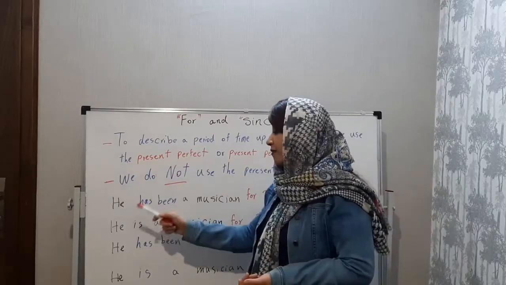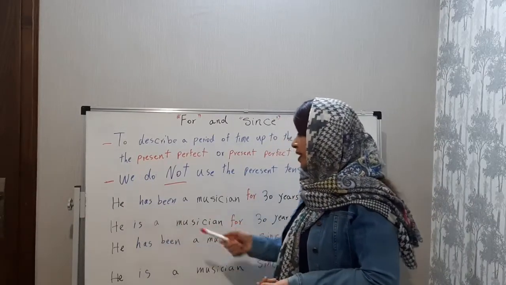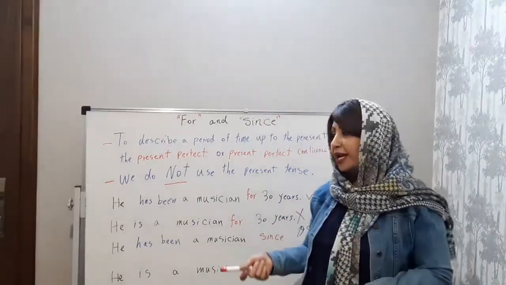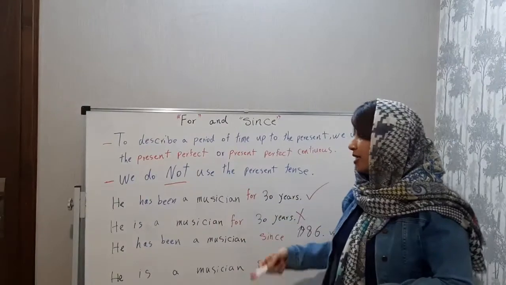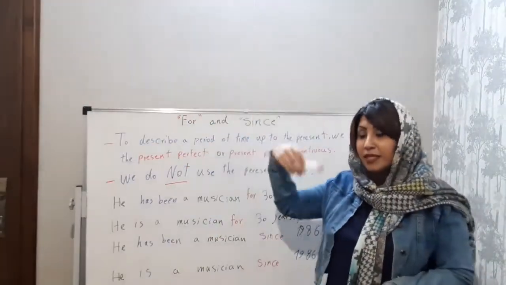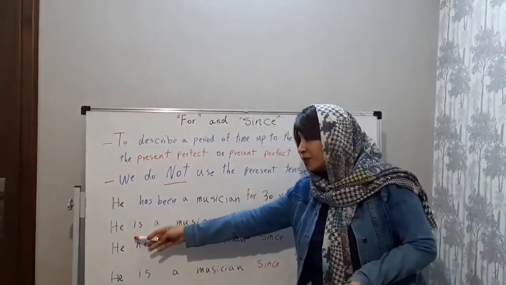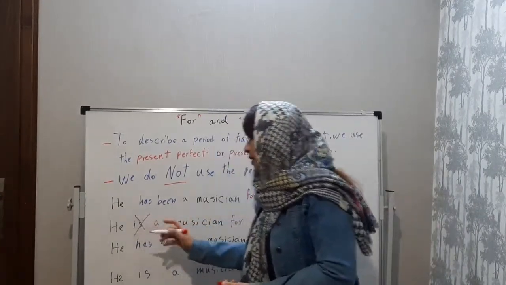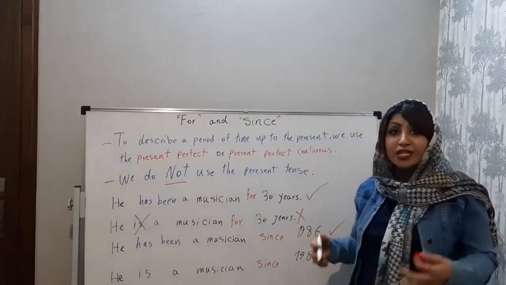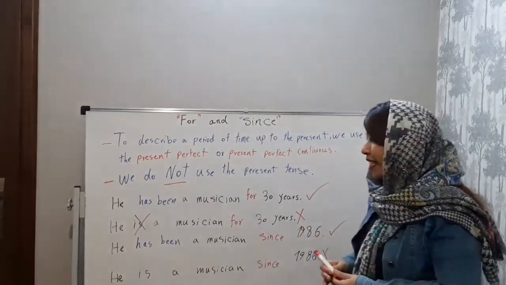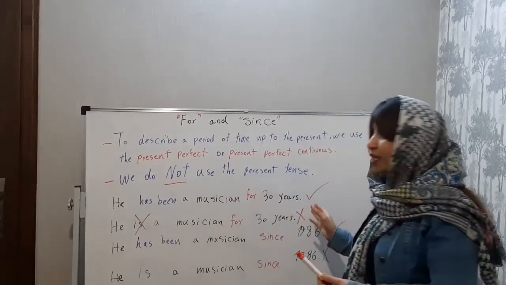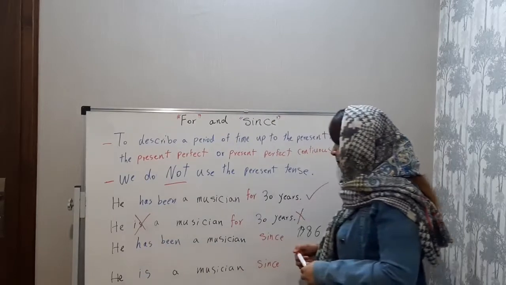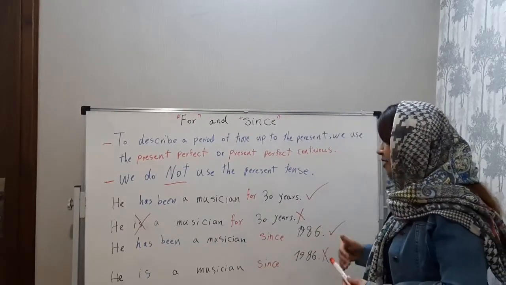Now we have a sentence. He has been a musician for 30 years. It is correct. I use present perfect because it started from the past until now. But we don't use is here. He is a musician for 30 years. It is not correct. You should say he has been a musician for 30 years. Now the next is, he has been a musician since 1986.